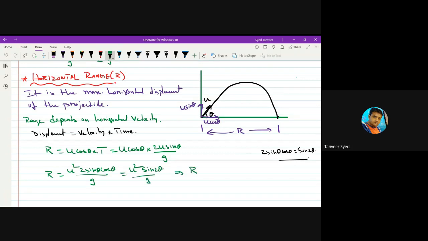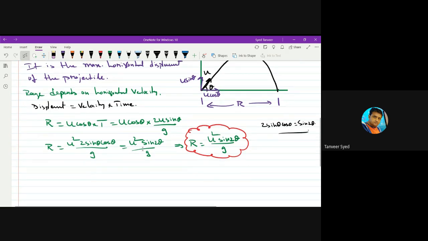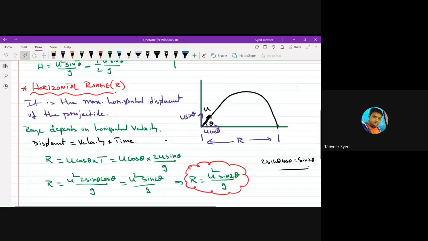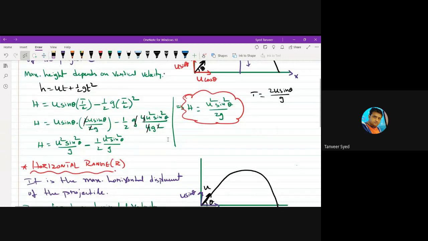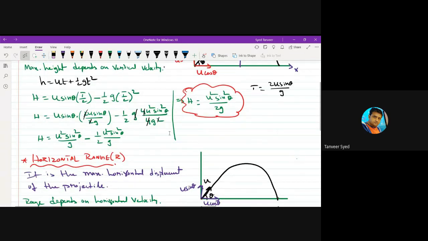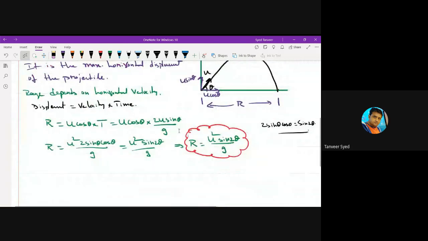So finally, range of the projectile is u square sine 2 theta by g. How far does the projectile go? U square sine 2 theta by g. How high does the projectile go? U square sine square theta by 2g. Formulas are slightly different. You should not get confused.